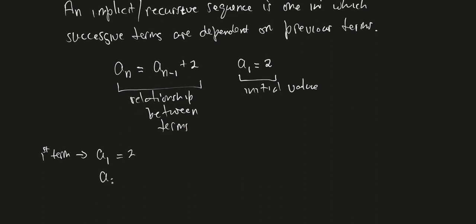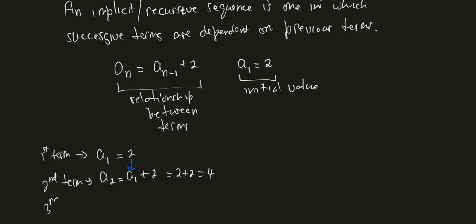So a sub 2 would be equal to a sub 1, the previous value of my index, plus 2. I know what my previous value is, it's 2, so I plug it in. In other words, I have to know this in order to figure this out. So I do 2 plus 2, which is 4. This is the second term in my sequence.